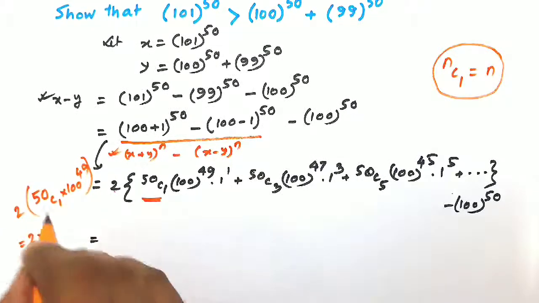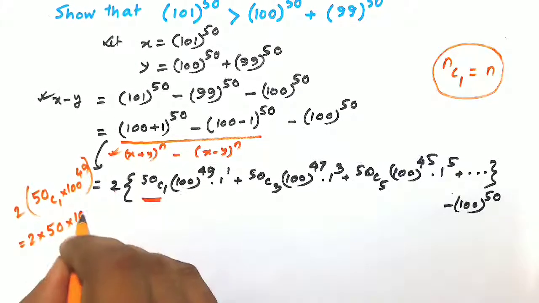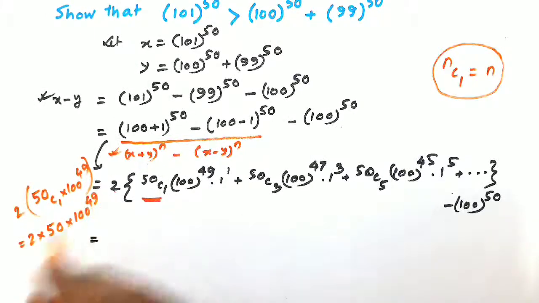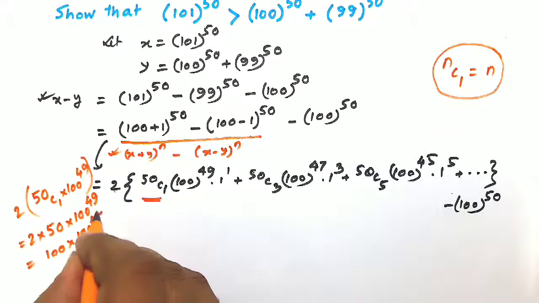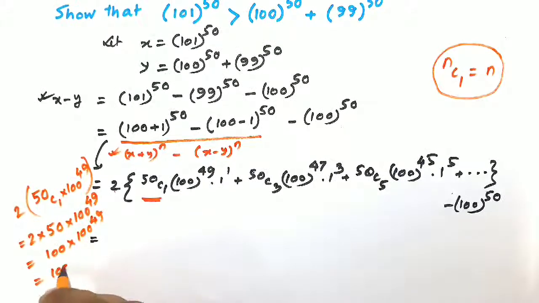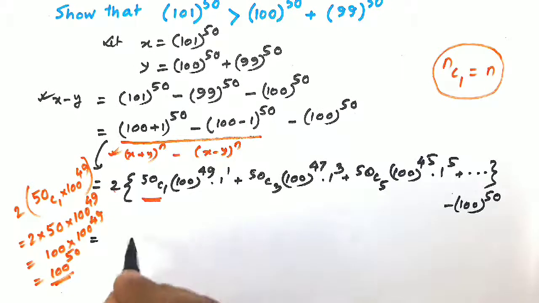That means 2 into 50C1 is equal to 50 into 100 to the power 49, so 2 into 50 means 100 into 100 to the power 49. So actually this is 100 to the power 50. So we can write 2 into 50C1 100 to the power 49 as 100 to the power 50.